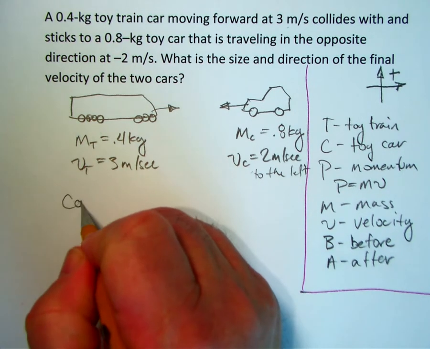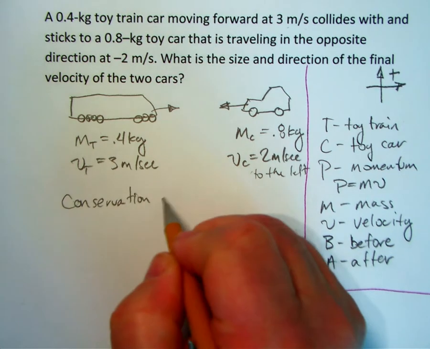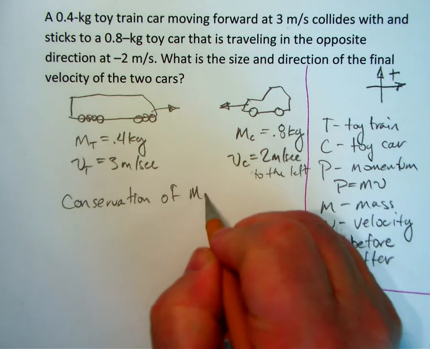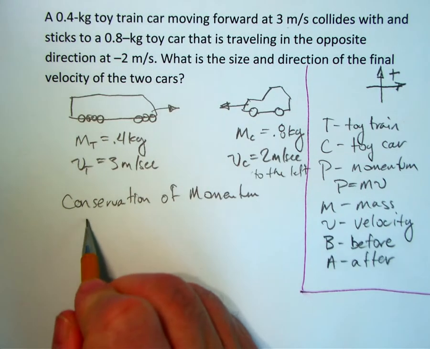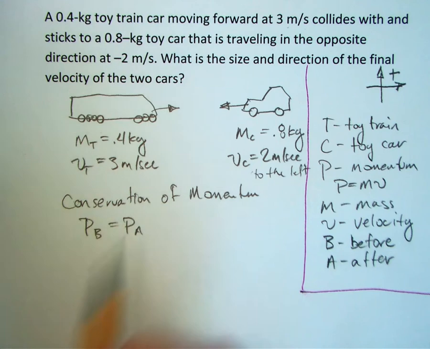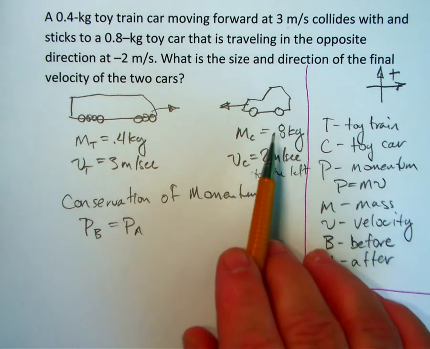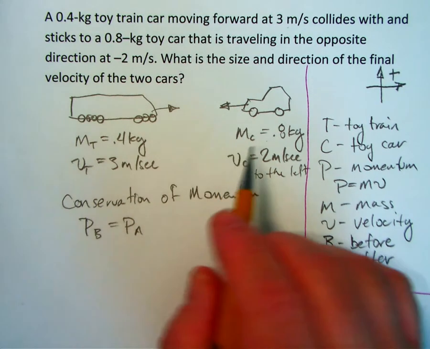So we'll start with the basic principle of conservation of momentum and say P before is equal to P after, before and after the collision. One thing we want to start right now on this one is look at the mass and say, this is a plastic collision, right?